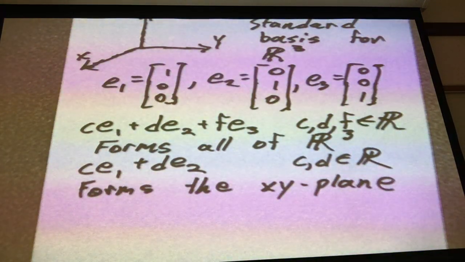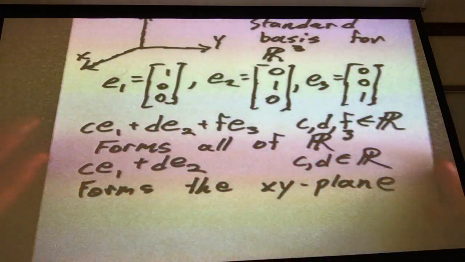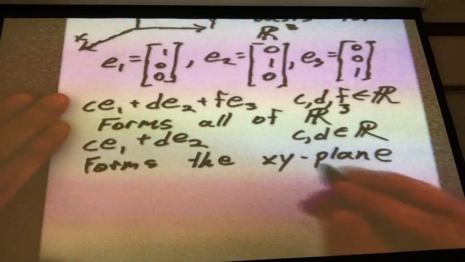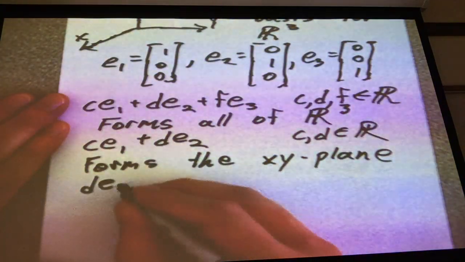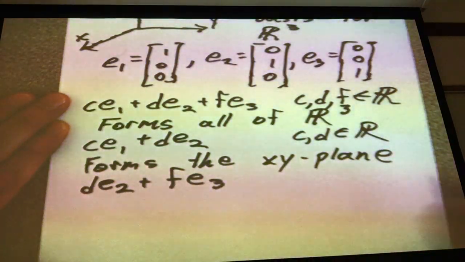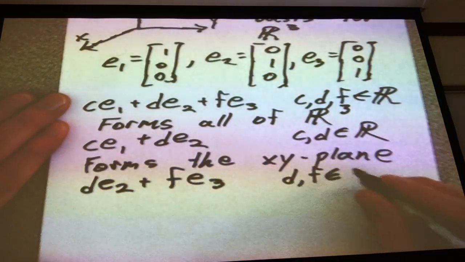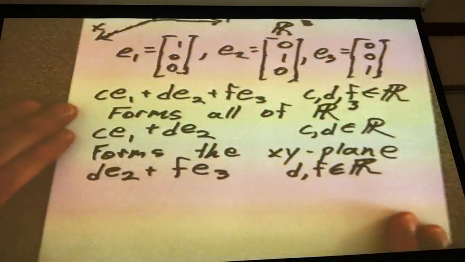All right. Let's say I did D E2 plus F E3, where D, comma, F are in the reals. Okay.